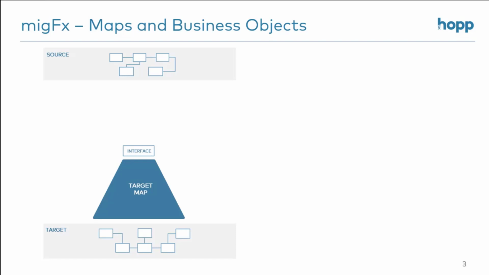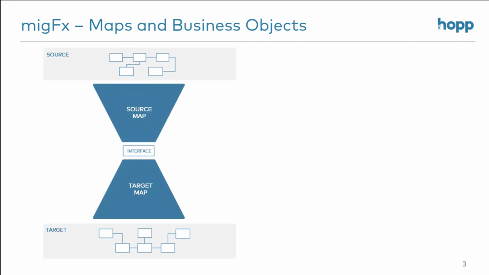So it will produce the data, and almost more importantly, it will introduce a big amount of validation to ensure that the data that flows into the target system can do so without any errors at the point of insertion and the point of delivery. So this is, as I said, solely related to the target system. The target map does not in any way need to know where the data comes from at the start of the day. Which source system is irrelevant for the target map.